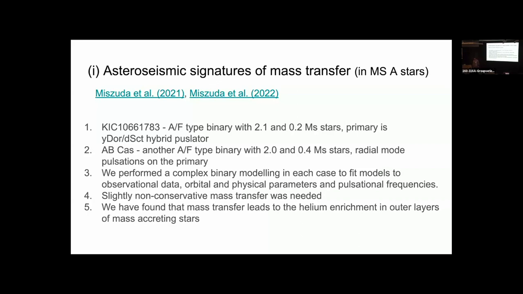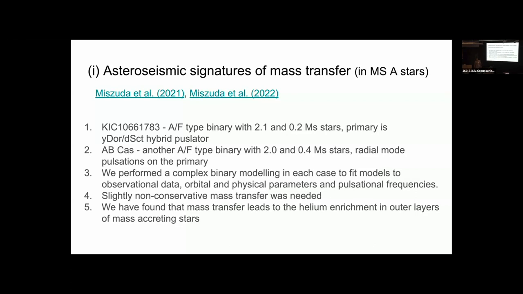Both of them are actually systems with AF-type stars with primary stars around 2-ish solar masses and secondary stars 0.2 and 0.4 respectively. In the case of the KIC system, the primary is a gamma Doradus delta Scuti hybrid pulsator, whereas in ABCAS we have radial mode pulsations on the primary star.